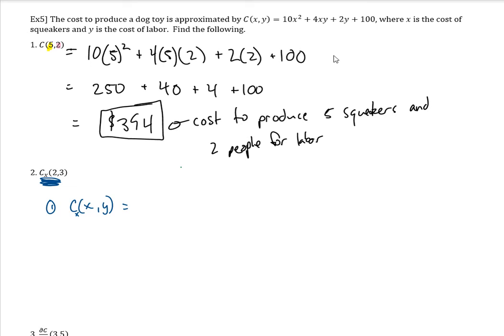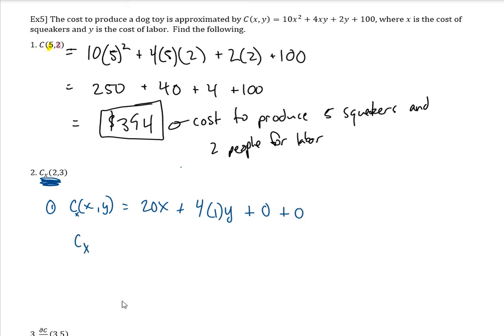So the derivative of 10x squared is 20x. The derivative of 4xy is 4, and the derivative of x is 1, with y attached like a constant. The derivative of 2y is 0 because it's treated like a constant, and the derivative of 100 is also 0 because it's a constant.